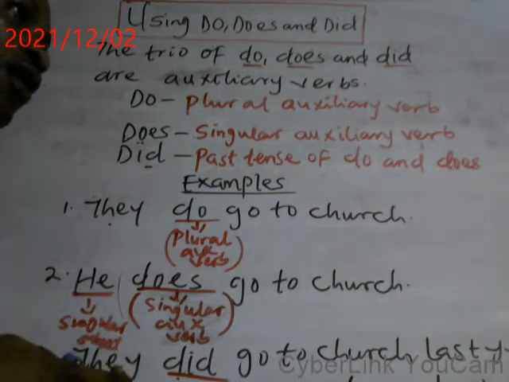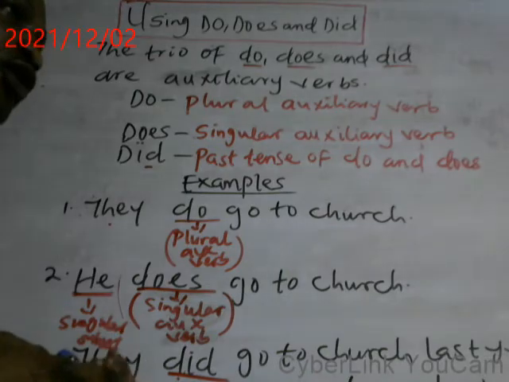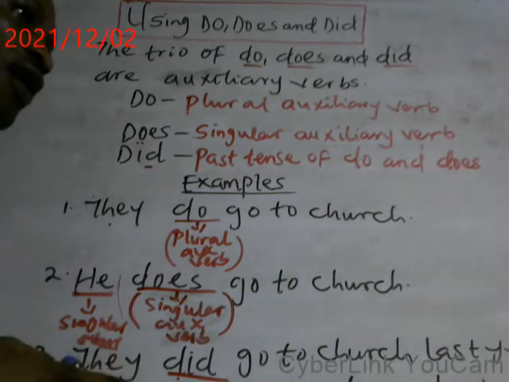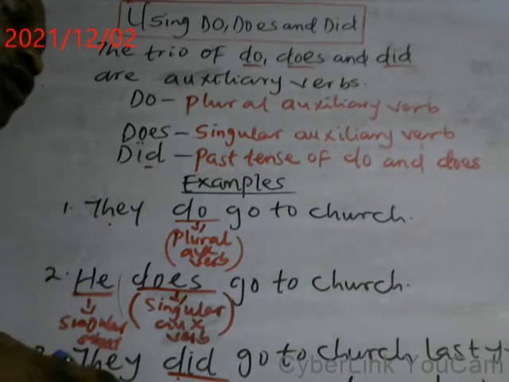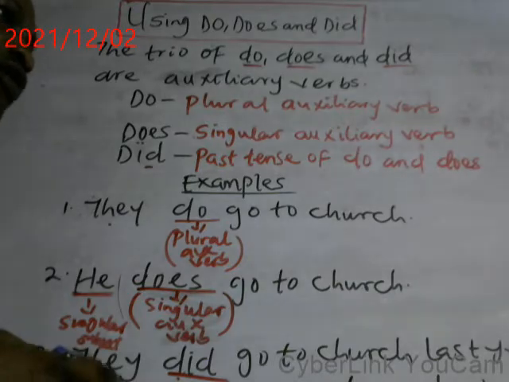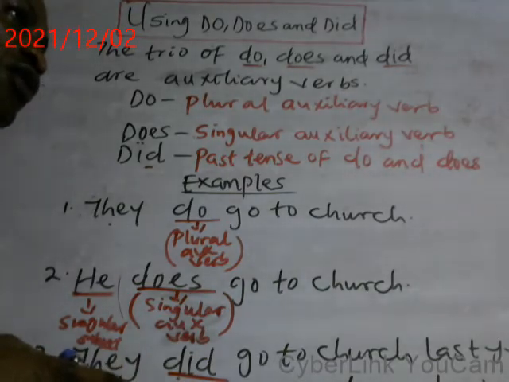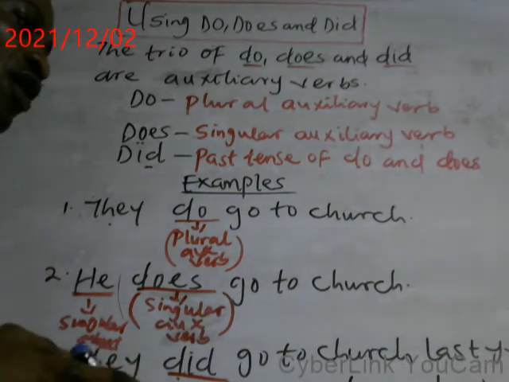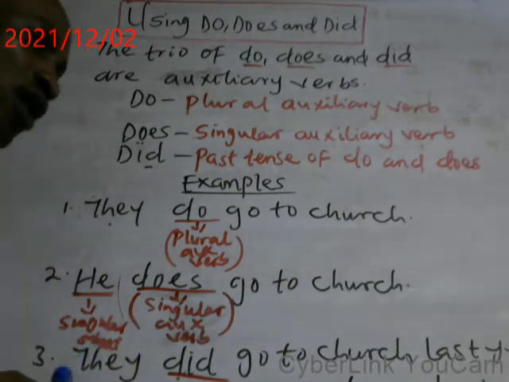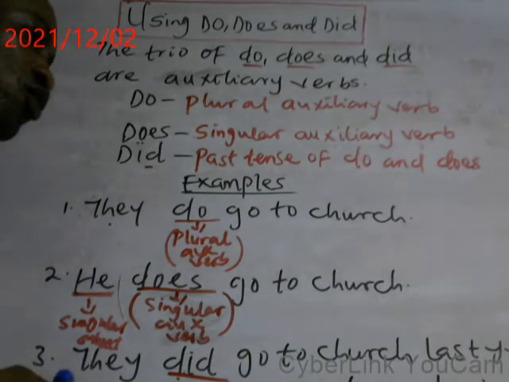If your subject is singular, make use of does. And when your action is in past tense, it does not matter whether your subject is plural or what, singular, make use of did.